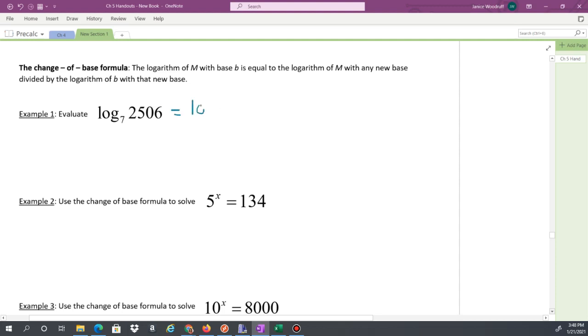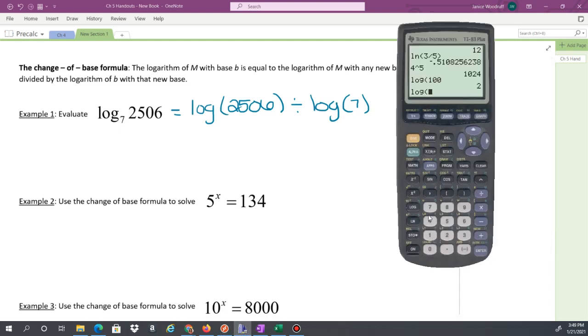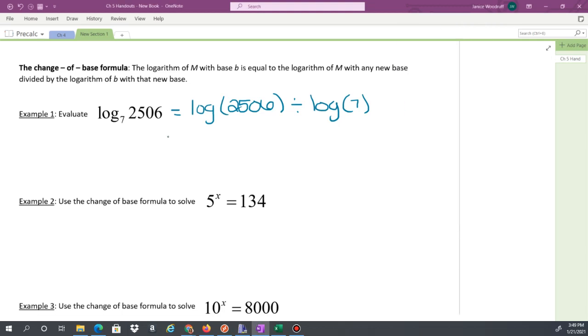So it's going to be log 2506 divided by log 7. Just keep in mind, this 7 is on the bottom because it's down here, so that stays on the bottom when you're dividing. That helps you. So you get log 2506 divided by log 7, and there you get 4.022.